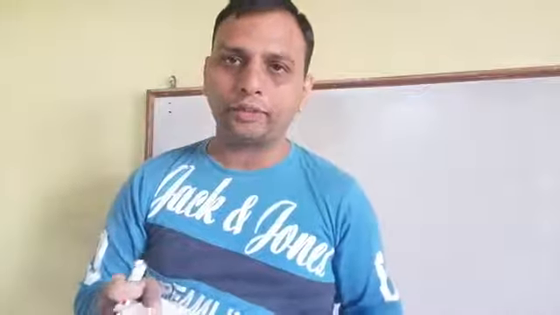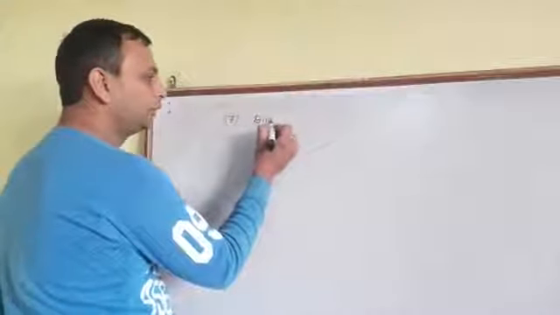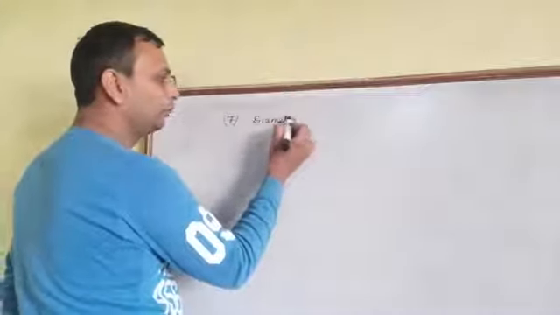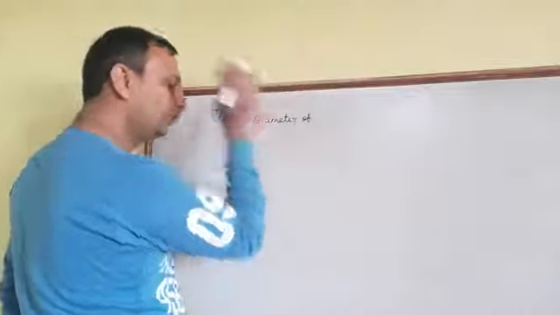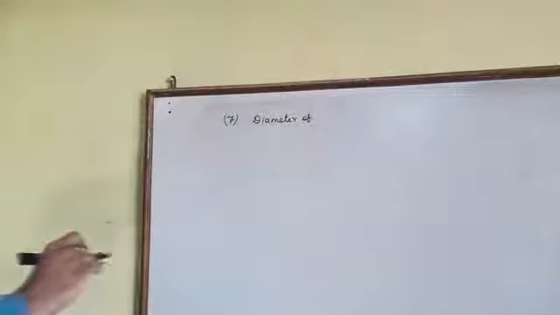So we will find the surface area. To find the surface area, we need the radius. So what will we do? Diameter of the moon, find the diameter of the earth. Either you can take the diameter as d, or you can take r.